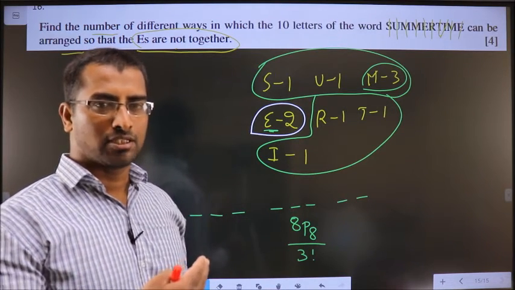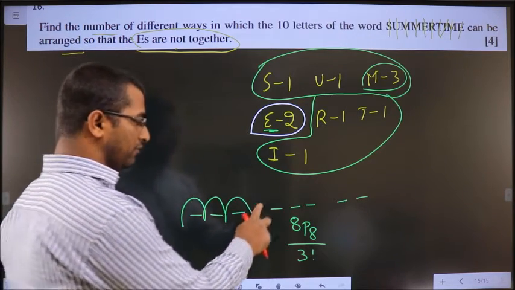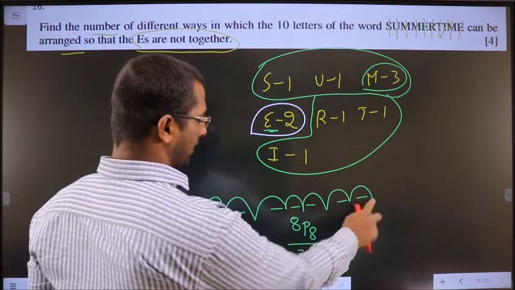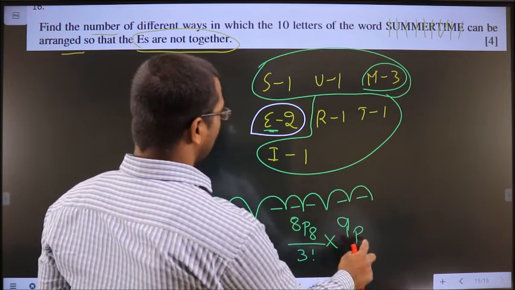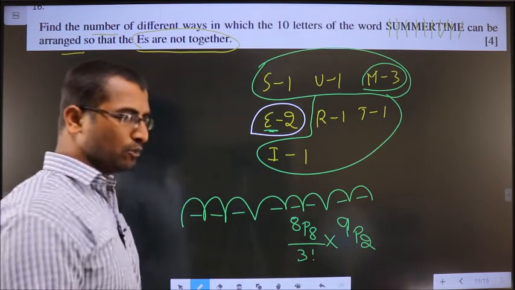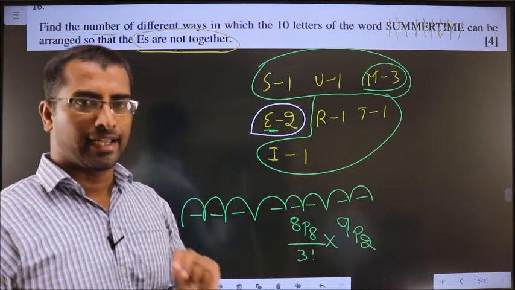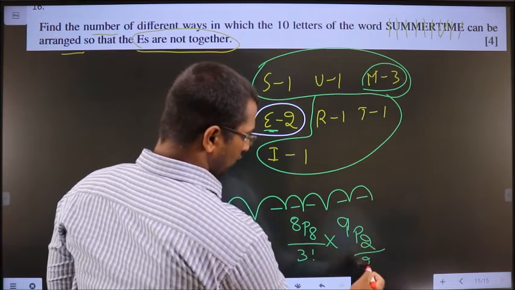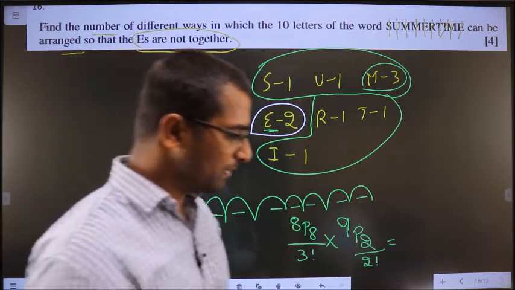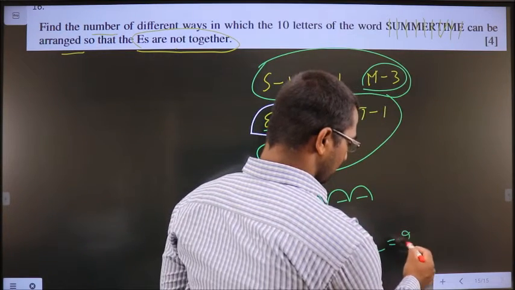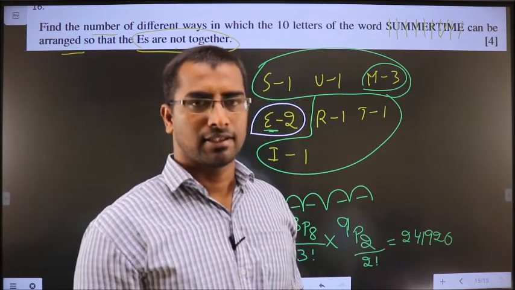So see how many places do I have in between? 1, 2, 3, 4, 5, 6, 7, 8, 9. So in between I have 9 places for 2 letters. So 9P2 and more. These 2 letters E are identical. So divide by 2 factorial. If you put this in the calculator, you get the answer to be 241920.